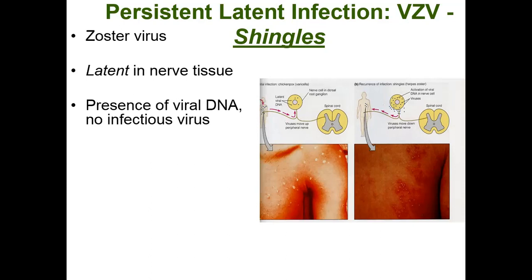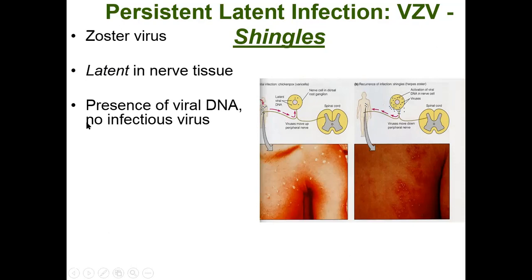Shingles is caused by the zoster virus. So we have varicella zoster virus. Varicella causes chickenpox. And then here we have the zoster virus, where the virus remains latent in nerve tissues.